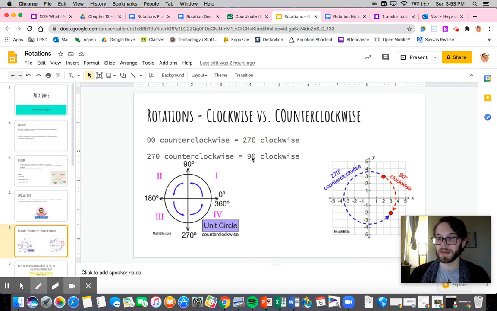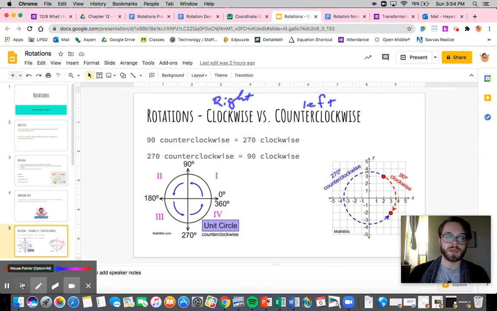All right, so they mean the same thing. 180 is just 180, right? If you're moving two, it doesn't matter if you're moving to the left or to the right, they are the same. All right. So the other way you can remember this: counterclockwise is if you were going left, and then clockwise is if you're going right.